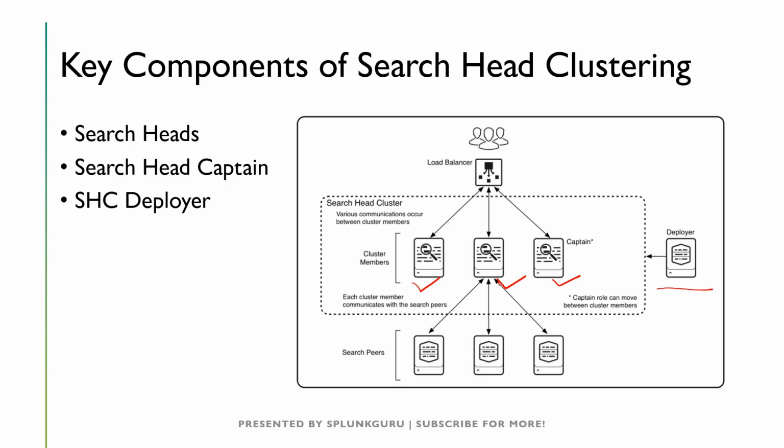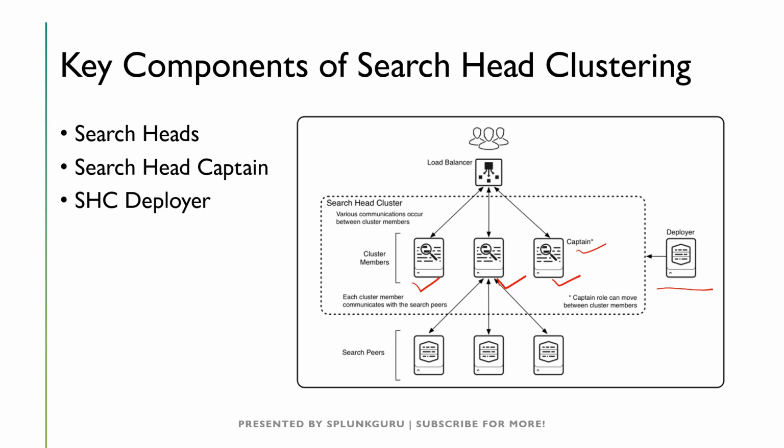One of these members will be acting as a captain. Search heads are the individual Splunk search heads, and by combining these individual members, you form the cluster, because you are bringing them together to share job scheduling, search artifacts, and configurations.